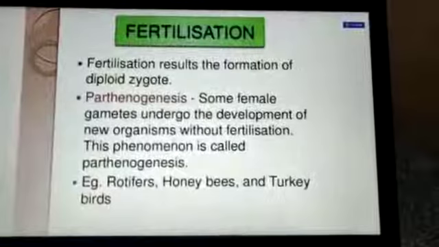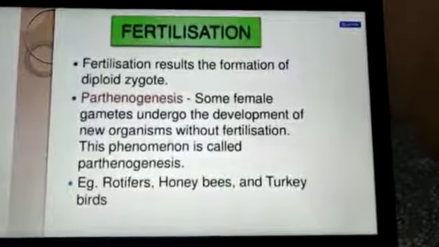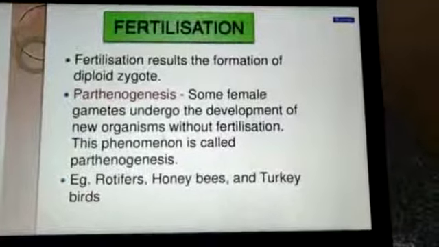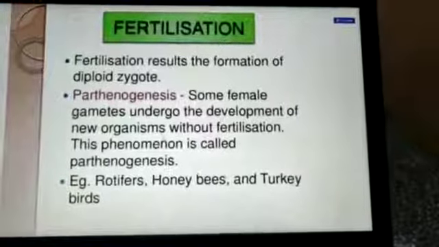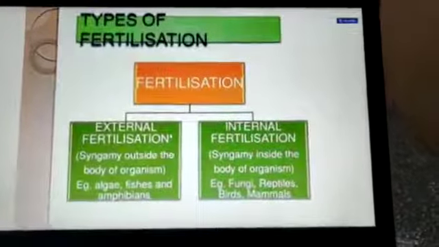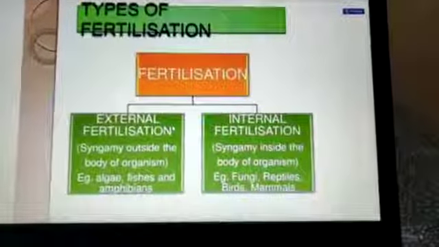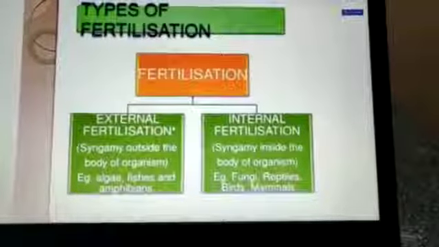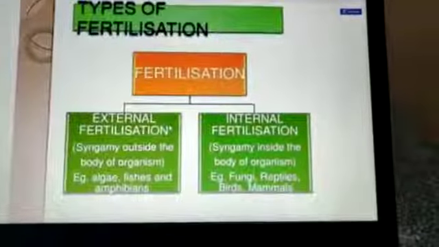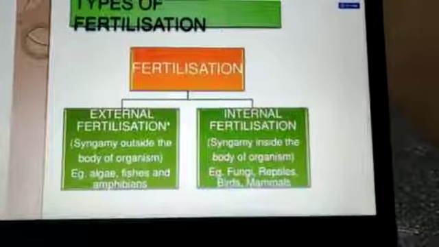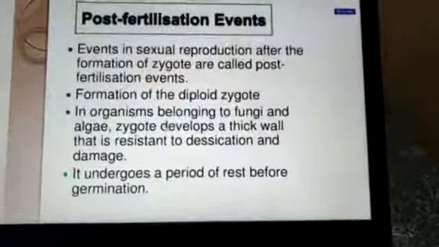Parthenogenesis is simply development of a new organism without fertilization. Remember, children. Now coming to the types of fertilization: external fertilization and internal fertilization. When fertilization takes place inside the female body, it is termed internal fertilization, and when fertilization takes place outside the body, it is termed external fertilization, which we already studied.